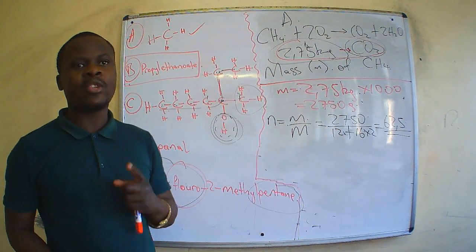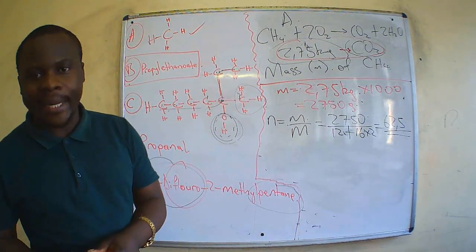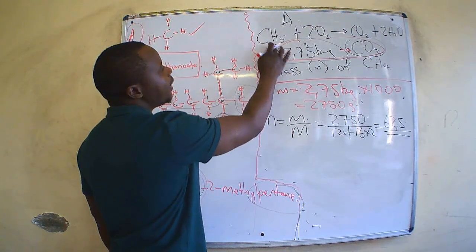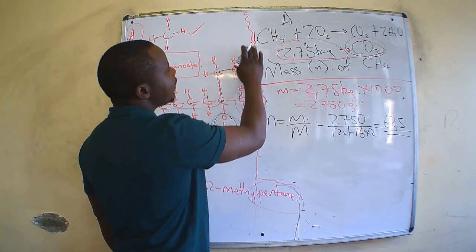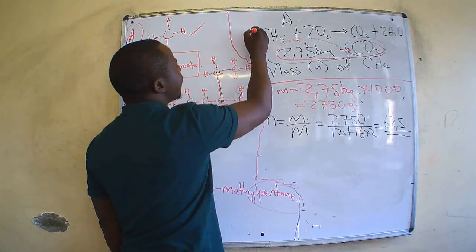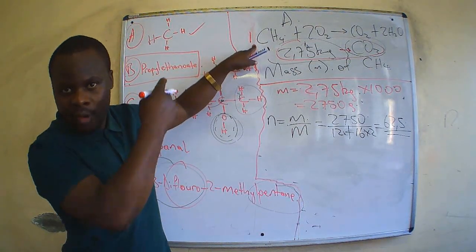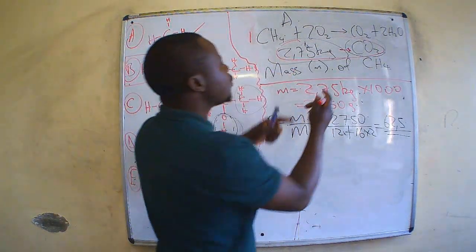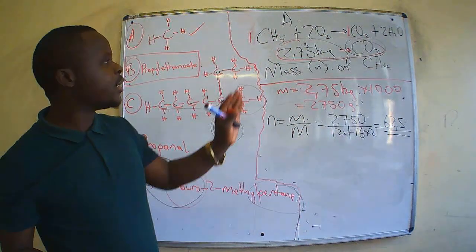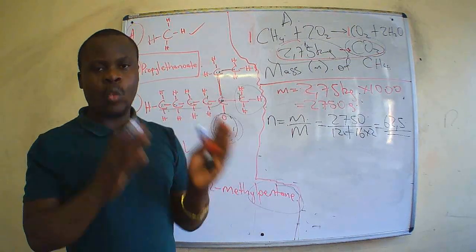So the next step is to understand the concept of molar ratio. We come to CH4. The molar ratio for CH4 in this case is 1. Where are we getting 1? The coefficient of CH4 is 1. We come to carbon dioxide, the coefficient is also 1, which means the molar ratio between CH4 and carbon dioxide is 1:1.